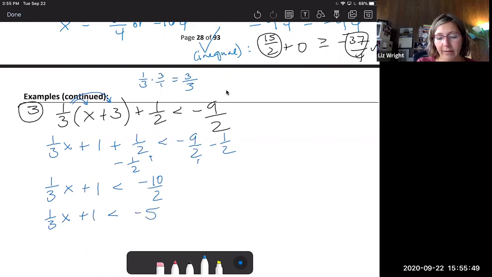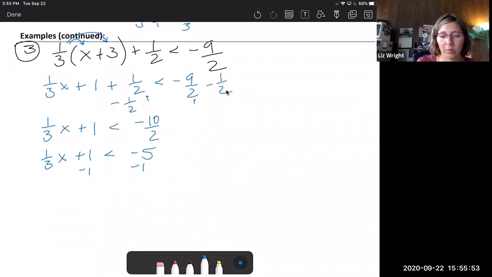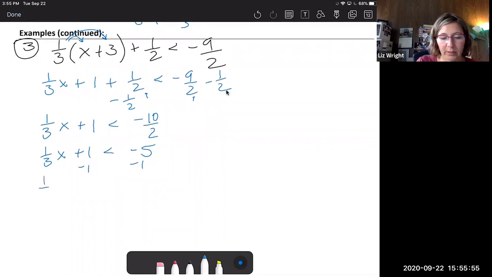So we're going to get negative 5, and you're going to subtract 1. Man, I'm writing big, and I'm not leaving myself a bunch of space for the next ones. So we're going to have 1/3 x, which is going to be less than negative 6. Now we're going to multiply both sides by 3 to get rid of that. And x is going to be less than negative 18.